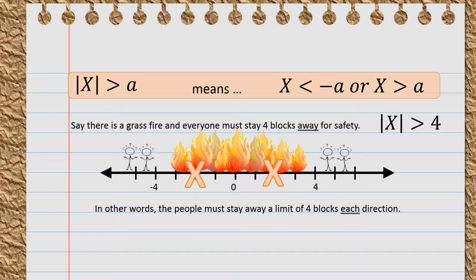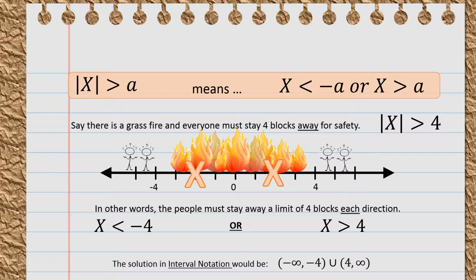So people must stay away a limit of 4 blocks either direction. We can be x is less than negative 4, which means further to the left of the fire, or x is greater than 4, which means we're further to the right.